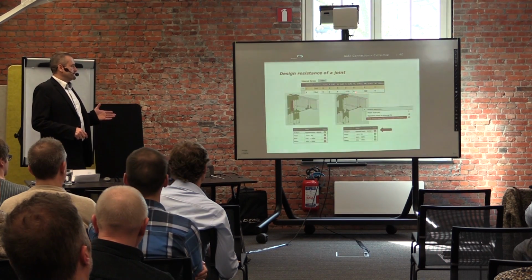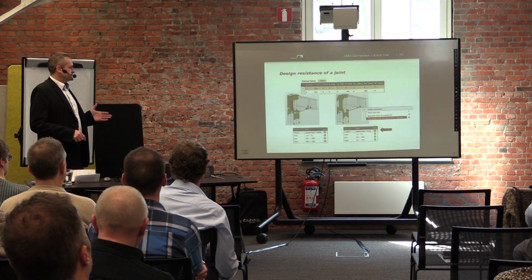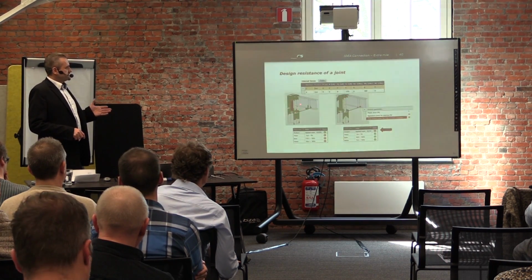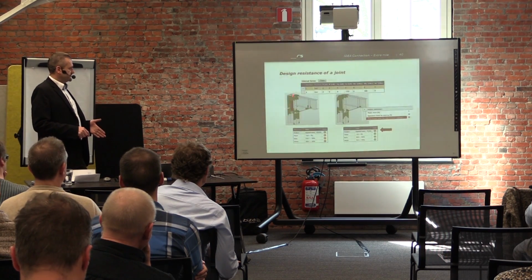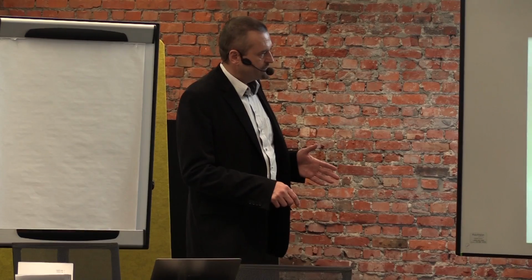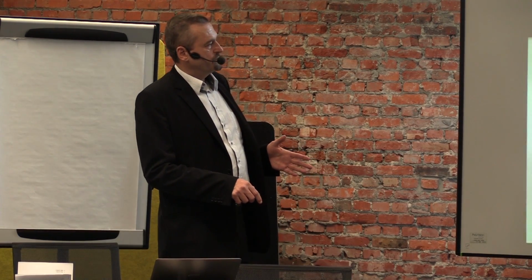But we can do it in two ways. Either we can say apply all loads and calculate until the end, and this can be the result. So you see that the connection is overloaded. Or we can say somewhere in the setup that the program should stop the analysis when the limit is reached.